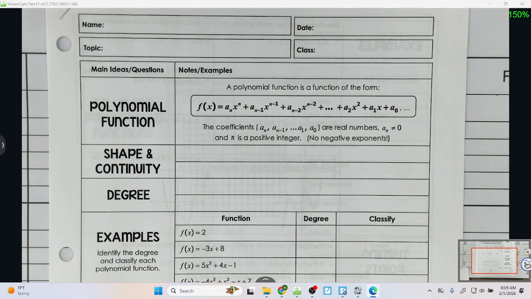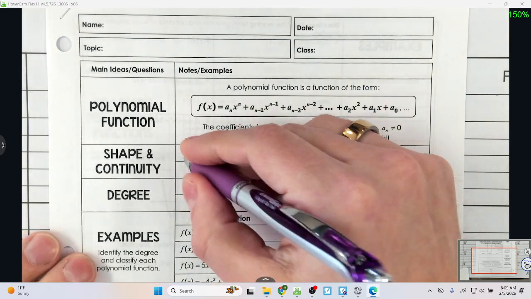All right, so polynomials, this is kind of like a definition, basically.